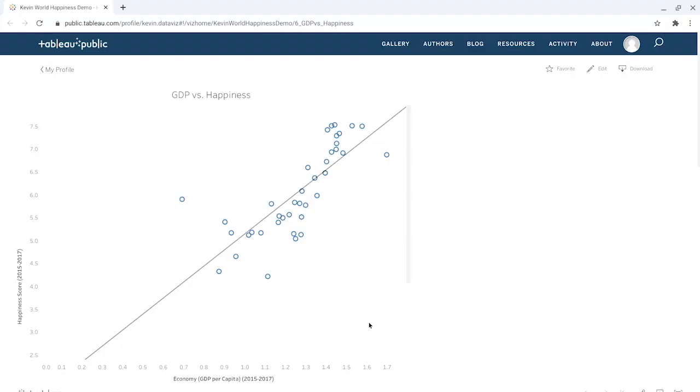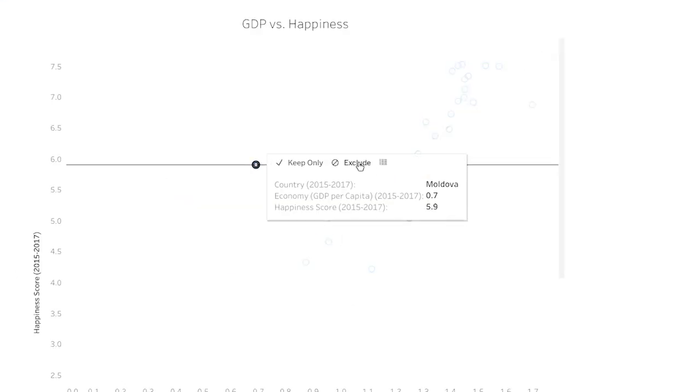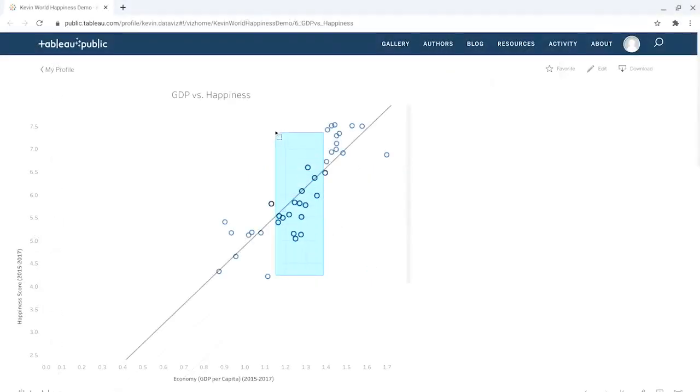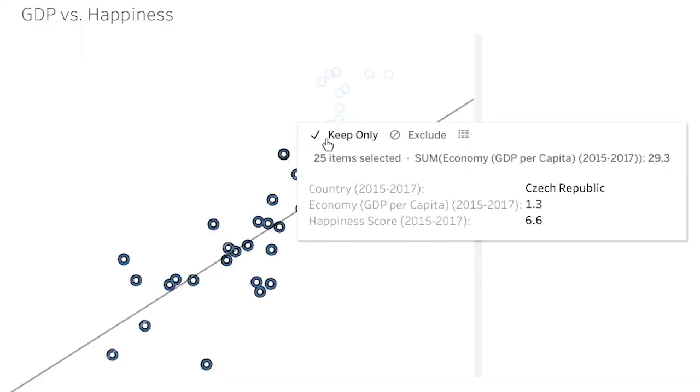To filter data points from the view, we can choose a single data point or click and drag in the view to select several points. Let's choose just one. Then, on the tooltip that appears, we'll select Exclude to hide it. Or we could have chosen to do it the other way by keeping only selected data points. Here's another example.